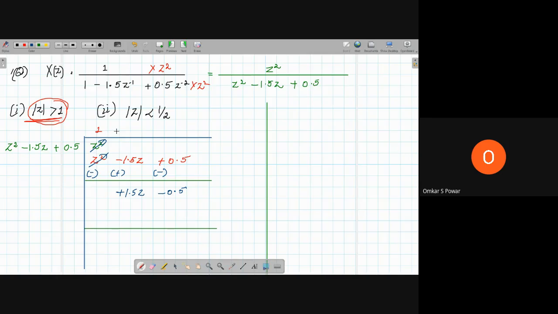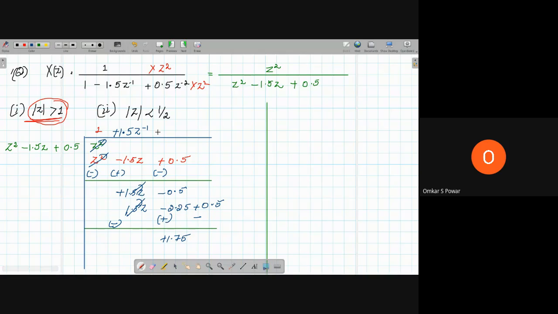What you have to multiply here is plus 1.5 z to the power of minus 1. If you multiply this, you'll get 1.5 into z minus 2.25 plus 0.5. Then you have to change the sign. So this gets cancelled off. Here you'll get something like 1.75.